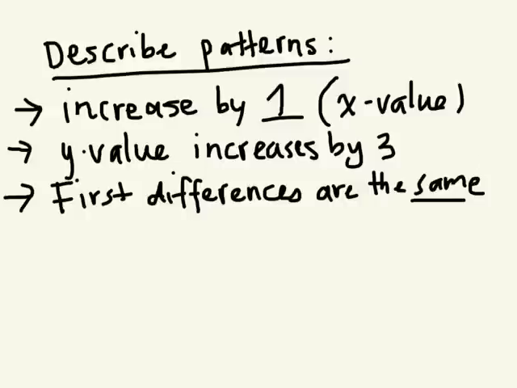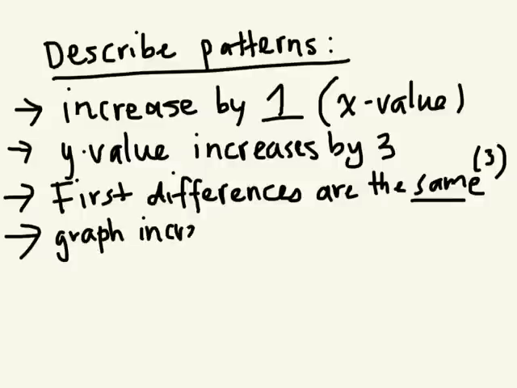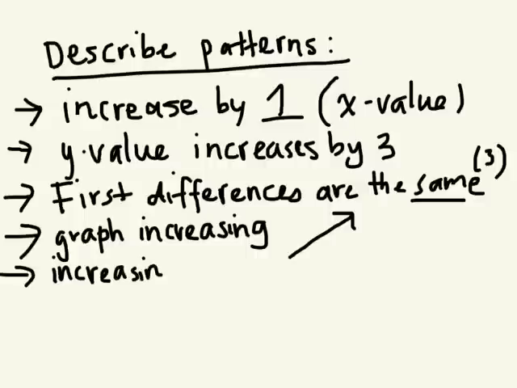In this case, it was always 3, a positive 3, which tells us that it's increasing. Okay, so looking at the graph, it is increasing, and it's also increasing by 3 every time. And we know it's increasing because it's going up and to the right. It's rising to the right. Okay, the graph is increasing at a constant rate.